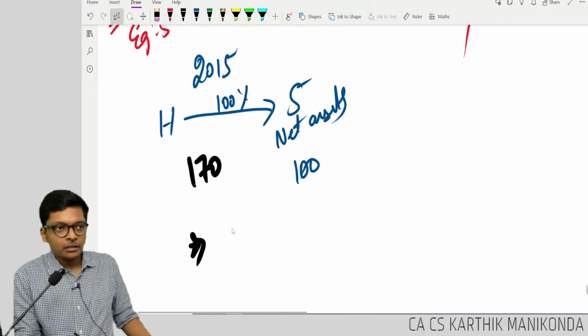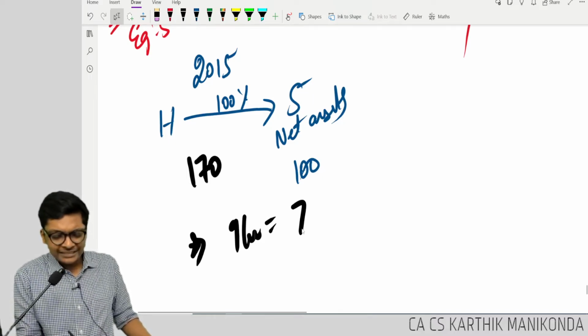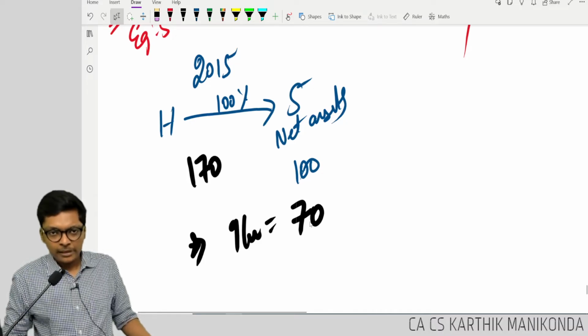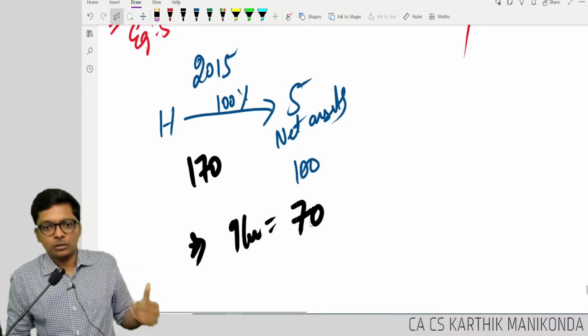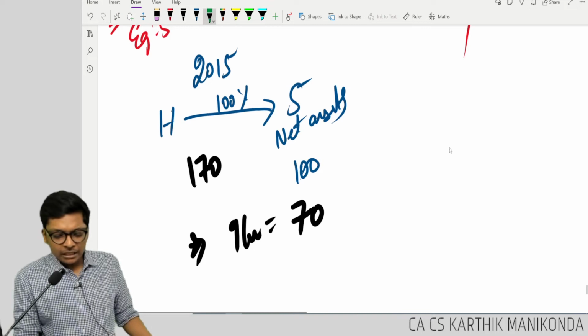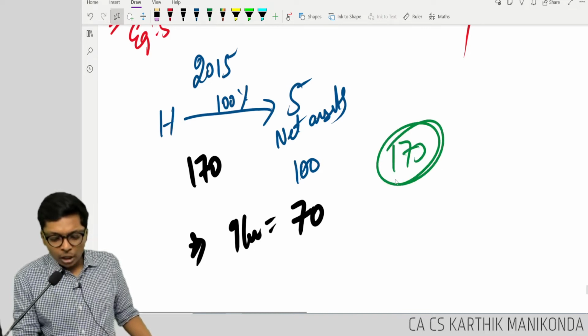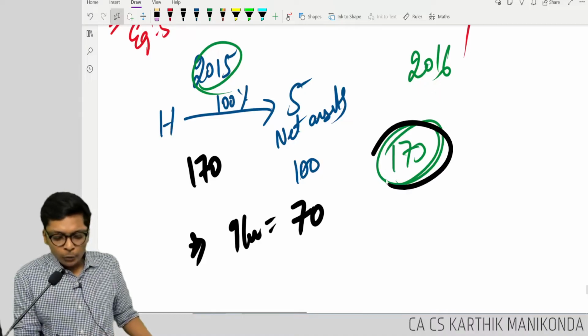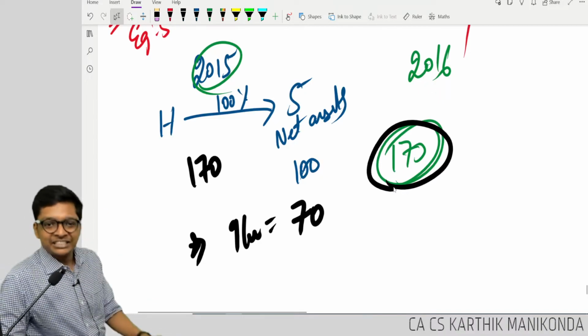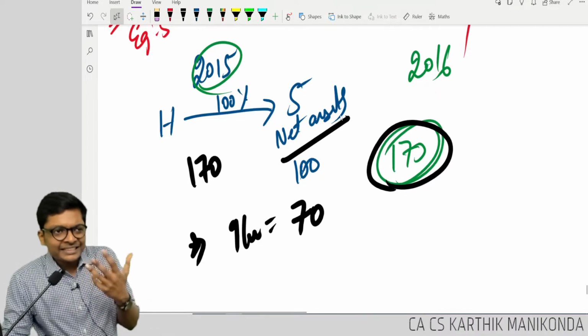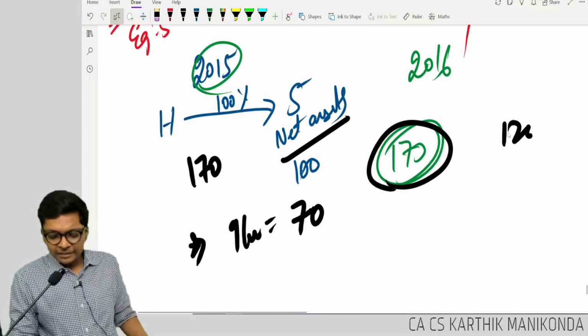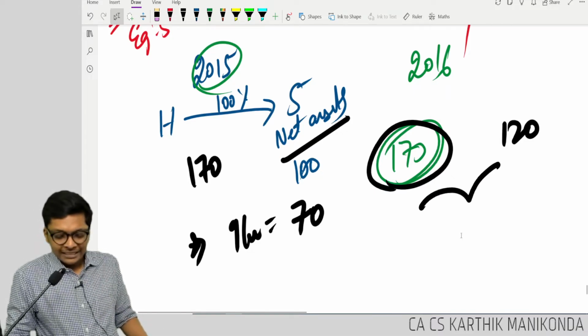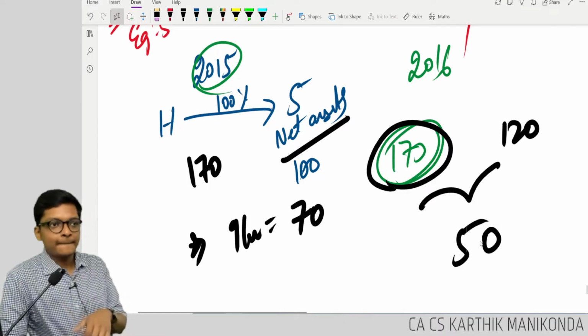So what is my goodwill? Goodwill is 70, what I paid extra. Next year, 2016, what you paid will not change, but net assets can change. Net assets became 120. Can I say goodwill now is 50?